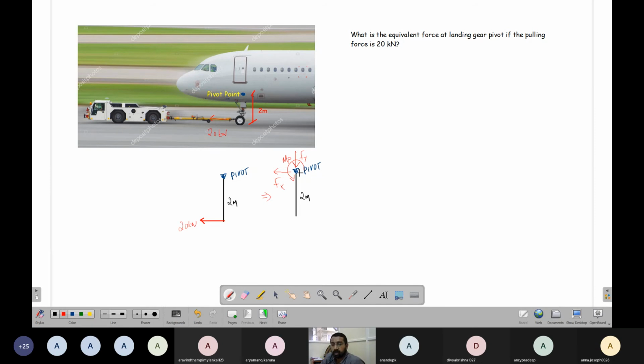These three are equivalent to the original force. I'll call this case 1 and this case 2. Case 1 and case 2 are equivalent.